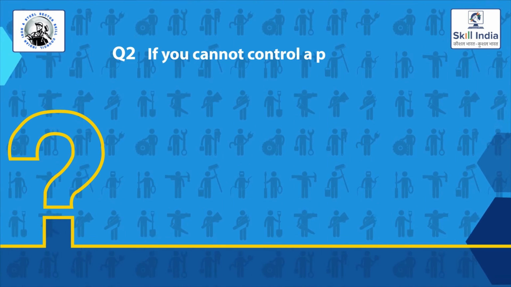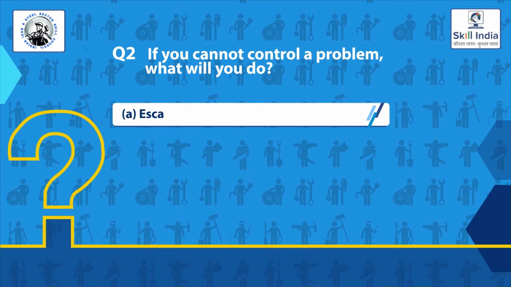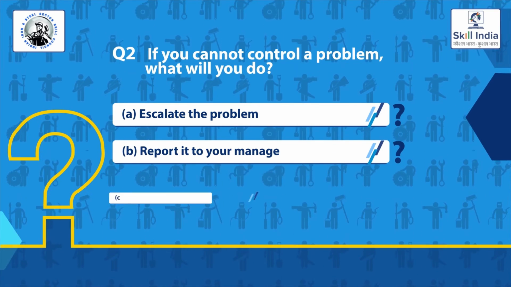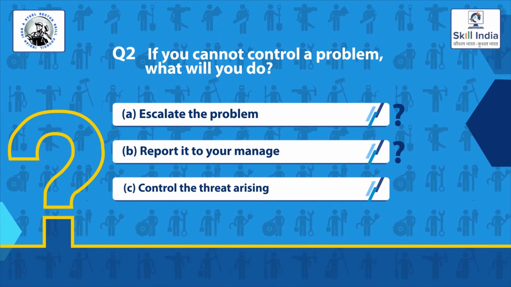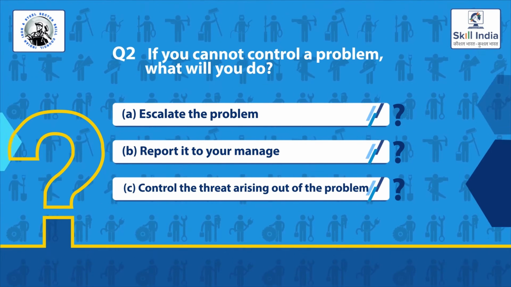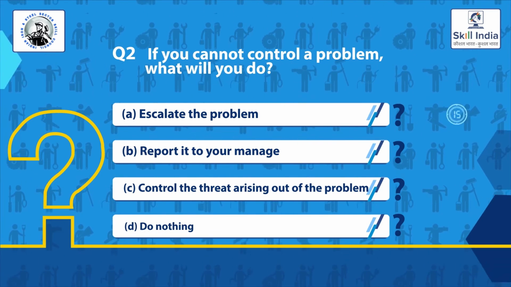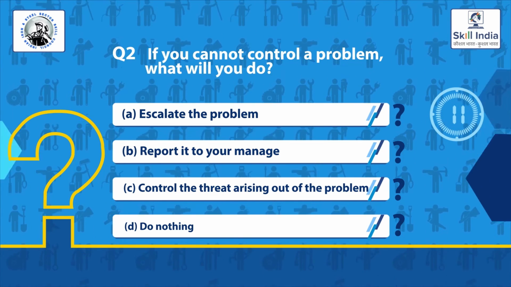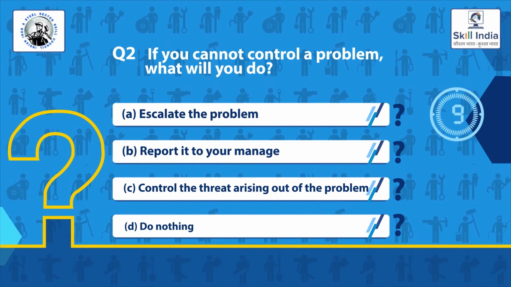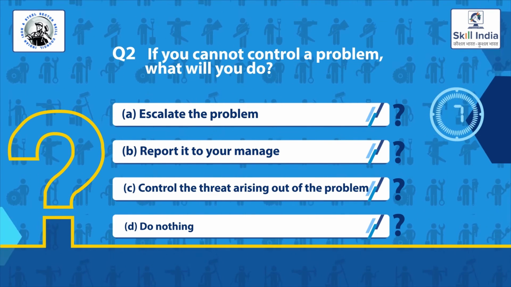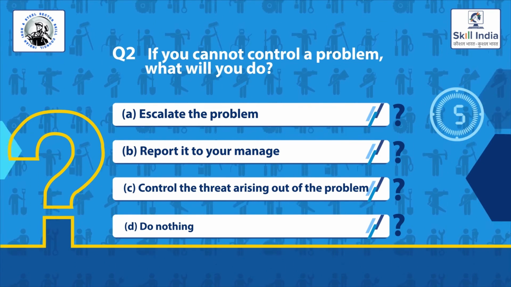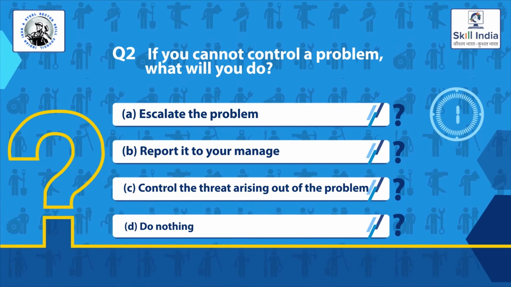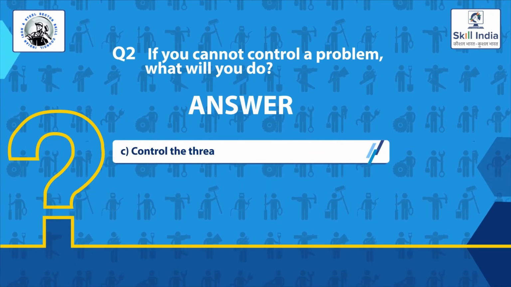If you cannot control a problem, what will you do? Option A. Escalate the problem. Option B. Report it to your manager. Option C. Control the threat arising out of the problem. Option D. Do nothing. Answer is option C.